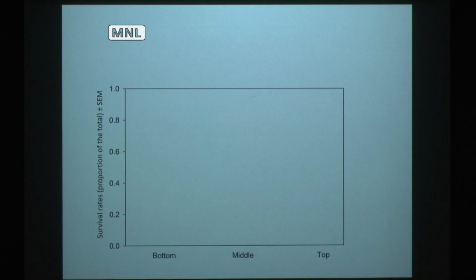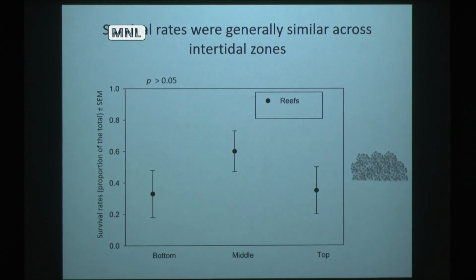So now we're looking at survival rates here on the Y and intertidal locations, bottom, middle, and top on the X. So again, we see on the black circle those that were on oyster reefs, and while the survival rates did not differ at the 0.05 level, we see this inverted V pattern, which is consistent with our understanding of intertidal ecology of rocky intertidal shores, where lower intertidal elevations are usually controlled by biotic factors like predators, while the upper intertidal might be controlled by abiotic factors such as solar radiation and desiccation stress.